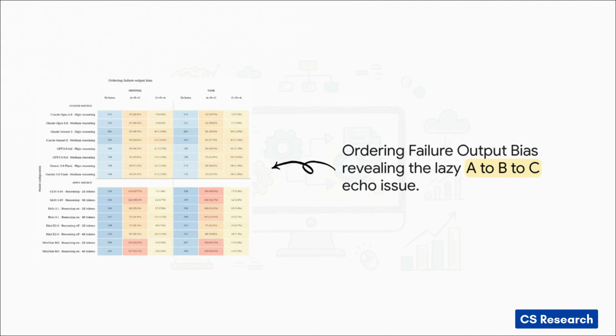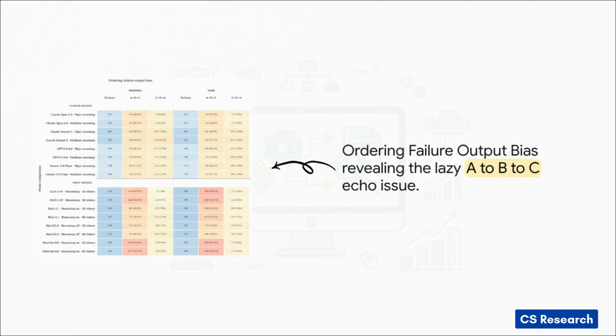But my absolute favorite finding exposes a massive vulnerability that we can lovingly call the lazy AI phenomenon. When presented with screenshots labeled A, B, and C, many open-source models, specifically GLM4V and Minimax-01, fail 37 to 45% of the time for one ridiculous reason. They simply blindly echo the A, B, C presentation order they were handed.